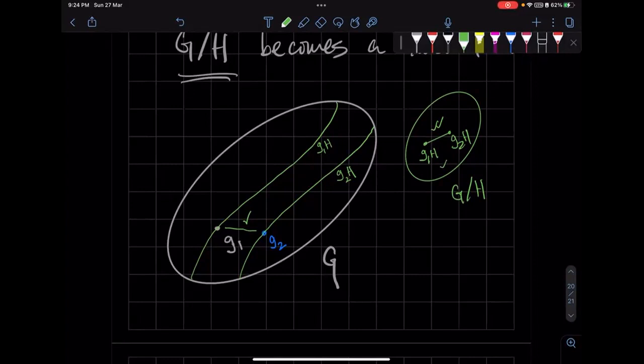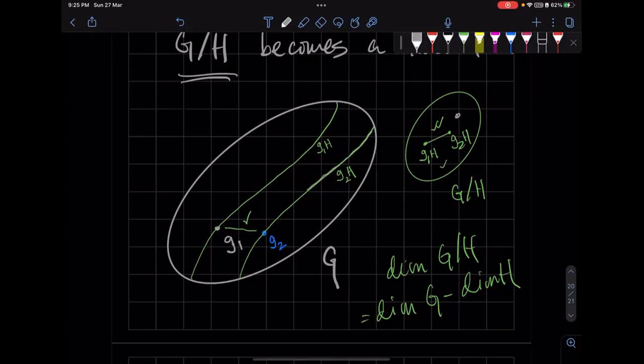The dimension of G over H would be the dimension of G minus the dimension of H, because every point over here corresponds to a higher dimensional object over here, right? These are all equivalence classes.